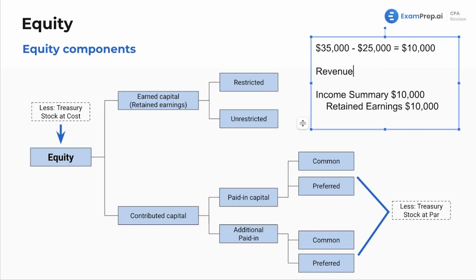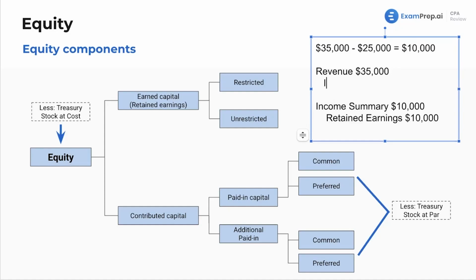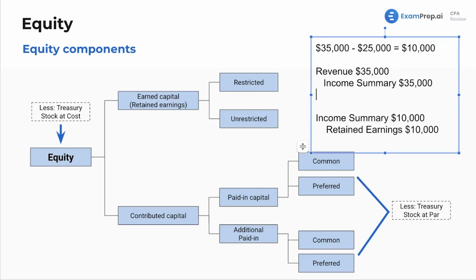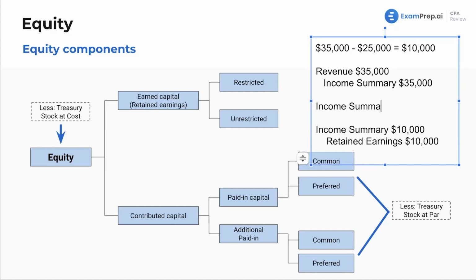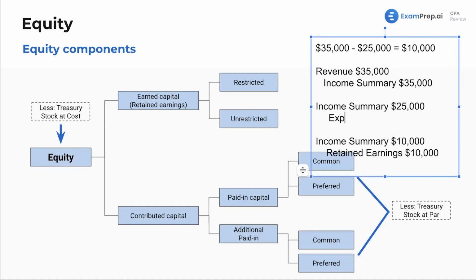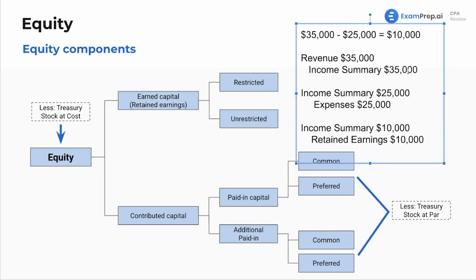So revenue for 35, because it was credited throughout the period for 35, right? So then that's going to be income summary for 35, and then income summary for 25, and then expenses for 25. And you see the net effect: the balance of the income summary account right now is 10,000.